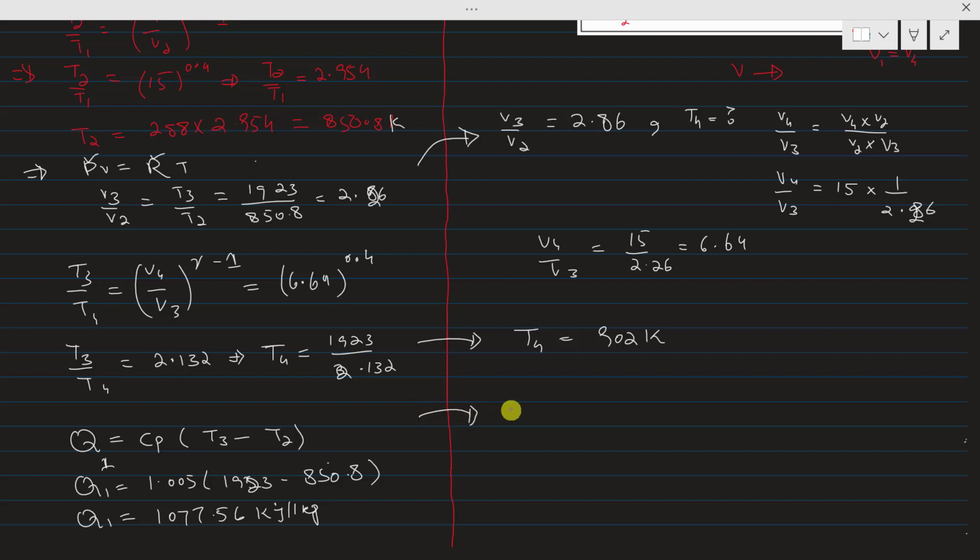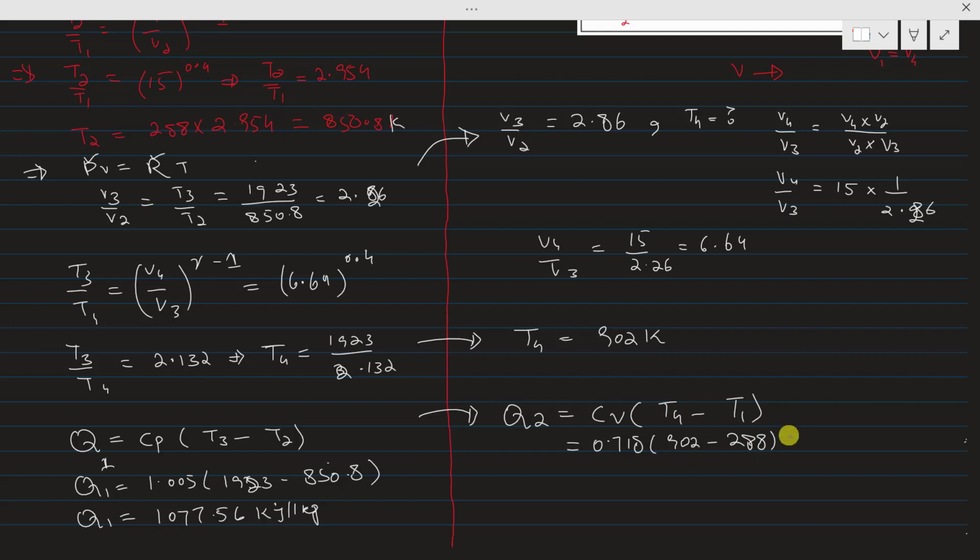Now to find the heat that is rejected, that is equal to Cv into the change in temperature, that is T4 minus T1. So the Cv value is 0.718 into T4. T4 value is 902 minus T1 is 288.